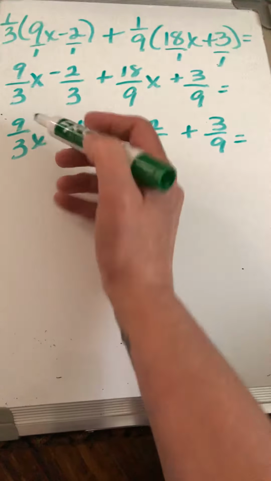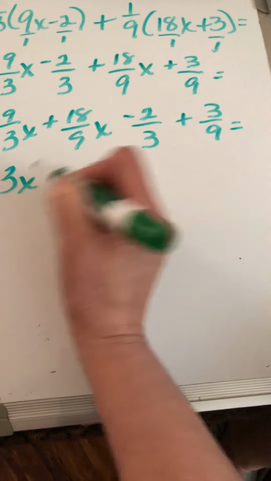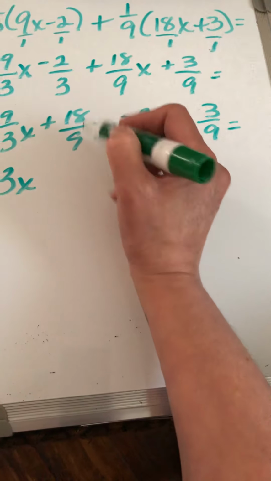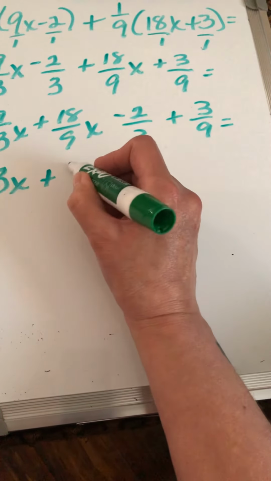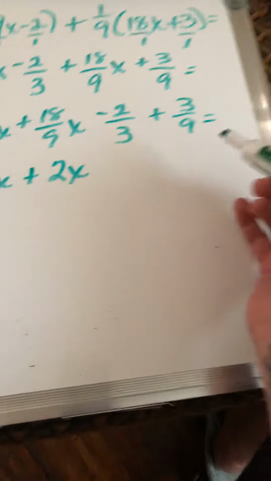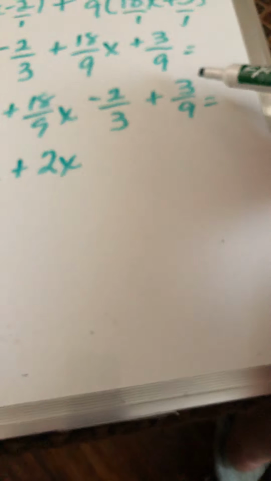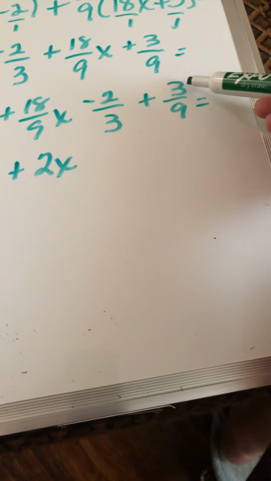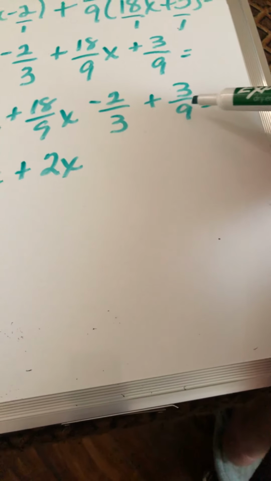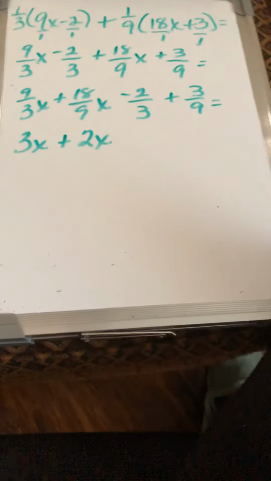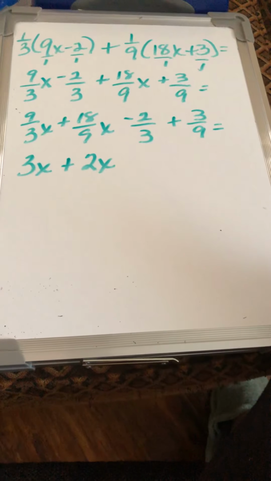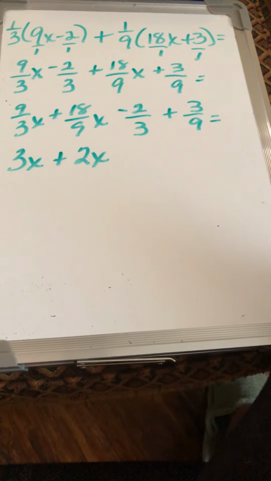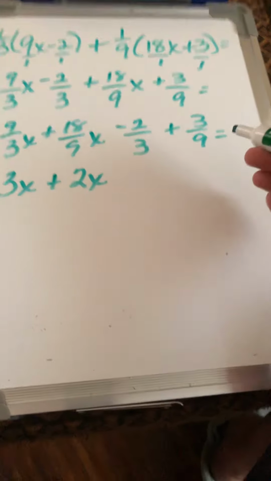This means 9 divided by 3, so that's just going to be 3x. This means 18 divided by 9, so that's just going to be 2x. Now, you might be really good at this kind of thing, and you can see that 3/9 can be reduced. So go ahead and use that information if you want to, but bear with me because we're going to need to do this common denominator business anyway later on in this video, so that's what I'd like to do.